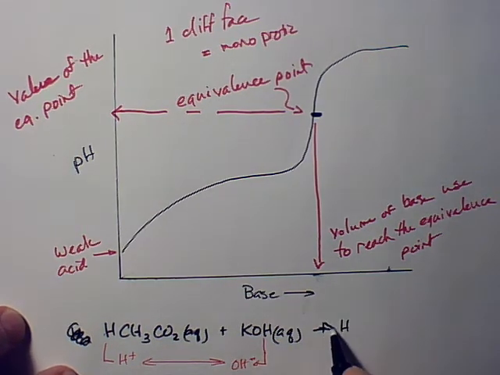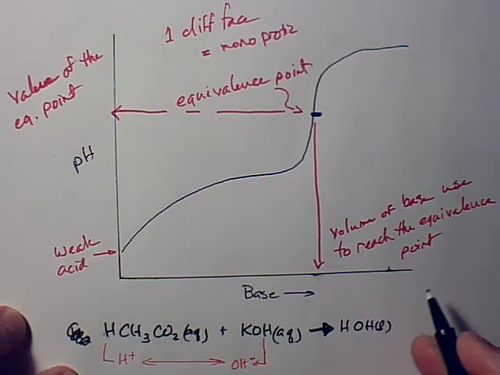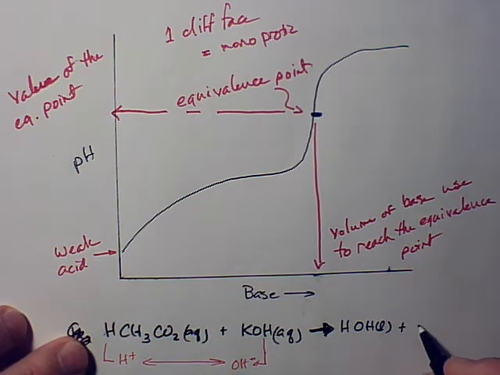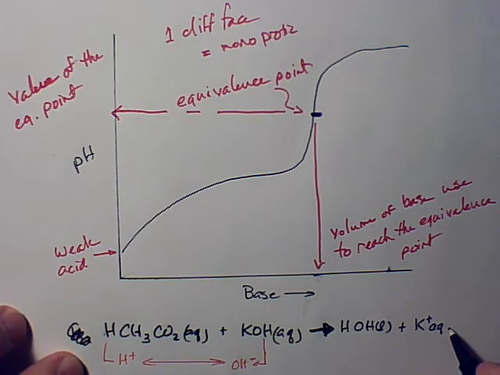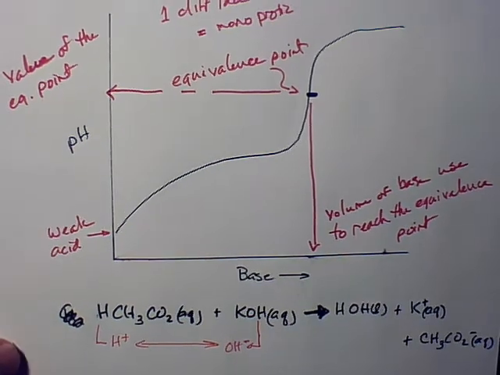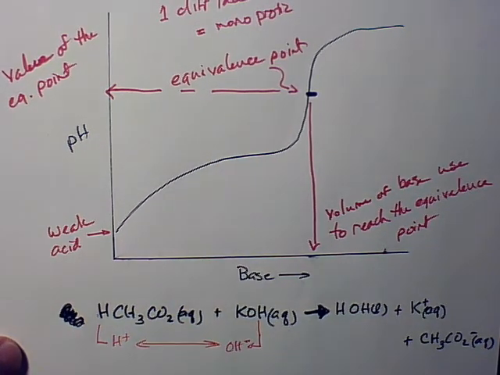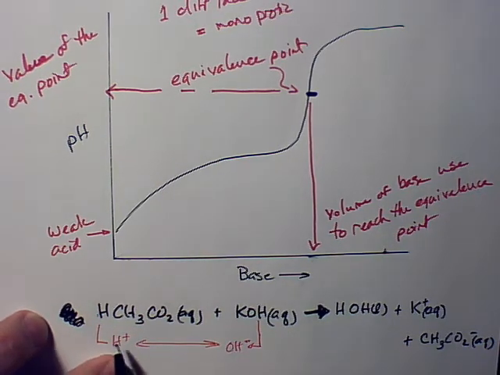Whoops, that's supposed to be an arrow. And we've got freed potassiums and freed acetate ions. And when the number of these hydrogen ions from the acid is equal to the number of hydroxide ions from the base, we reach the equivalency.